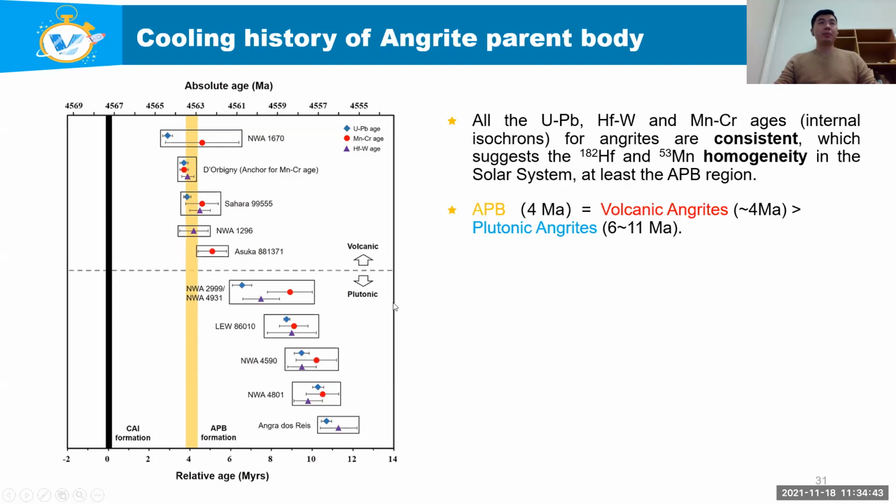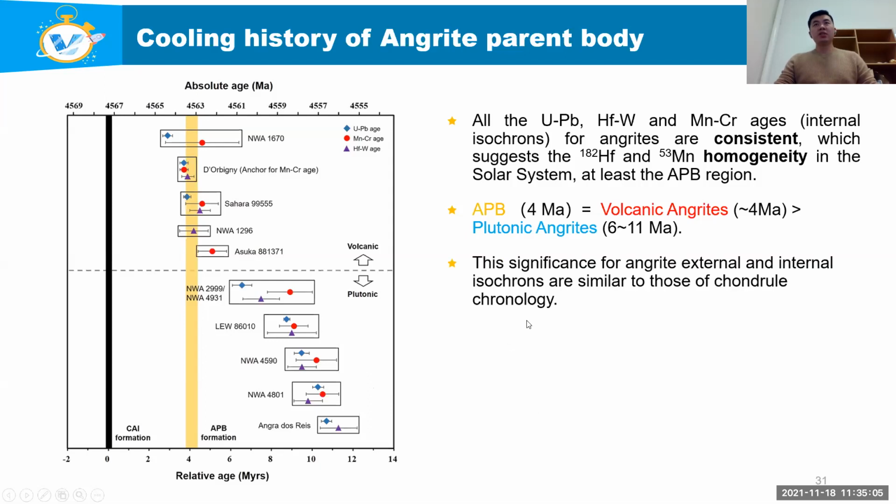We can also compare the ages for the differentiation of the Angrite parent body, the orange bar, the formation of volcanic Angrites, the red, here, and the formation of the plutonic Angrites in the lower part.